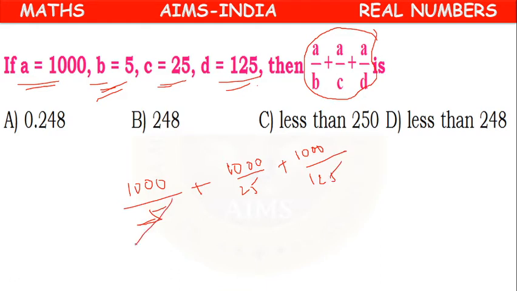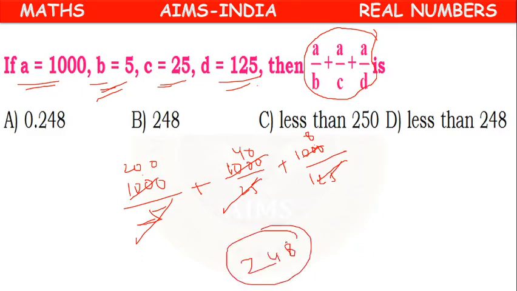After cancellation, 200 plus 40 plus 8. So the answer is 248.